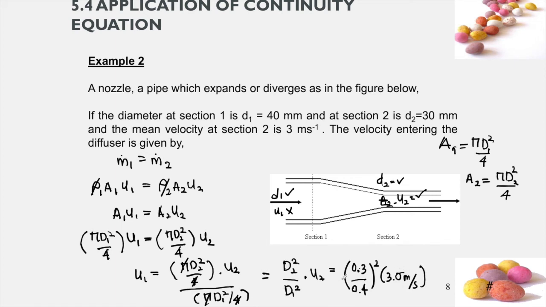This 3 meter per second is the velocity at point 2. So we get that the velocity at point 1 is 1.69 meter per second. We have already solved this example, where the velocity at point 1 is 1.69 meter per second.